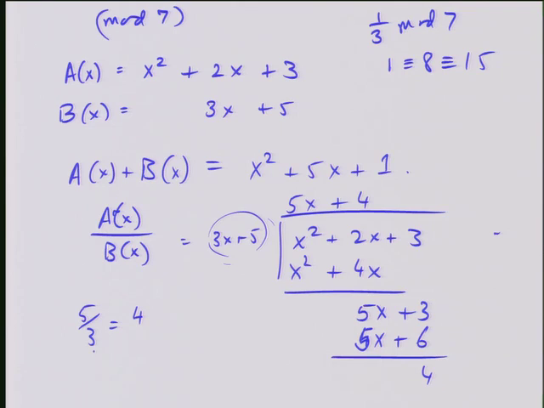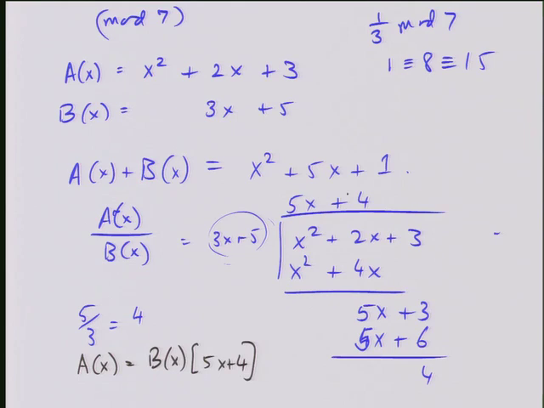So let's write it out. You'd get A of x equal to B of x times some quotient. So what's the quotient polynomial? It's 5x plus 4, right? It's what we wrote up there.